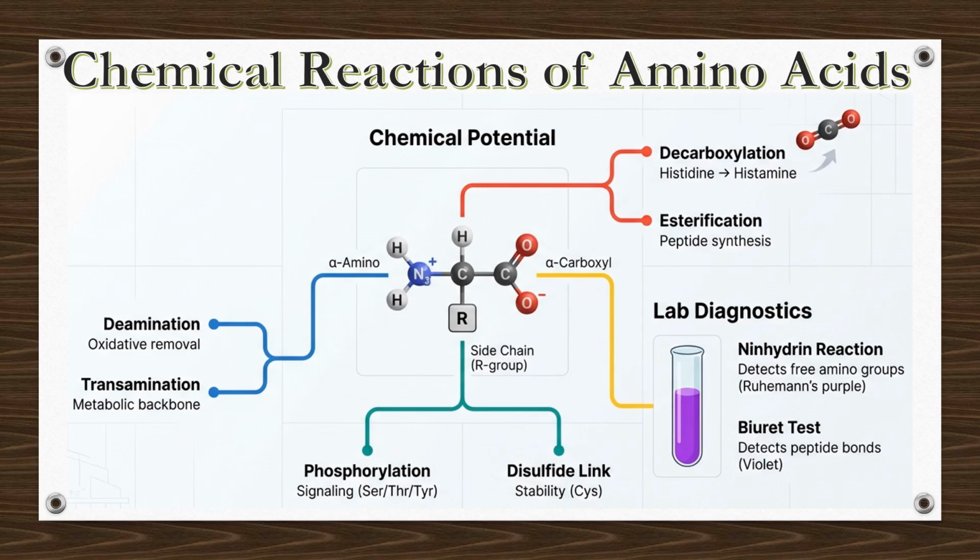It can form esters with alcohols, a reaction used in preparing amino acids and derivatives for analysis. In cells, esterification links amino acids to tRNA, that is, transfer RNA, a crucial step in protein synthesis. Most importantly, the carboxyl group reacts with the amino group of another amino acid to form a peptide bond.